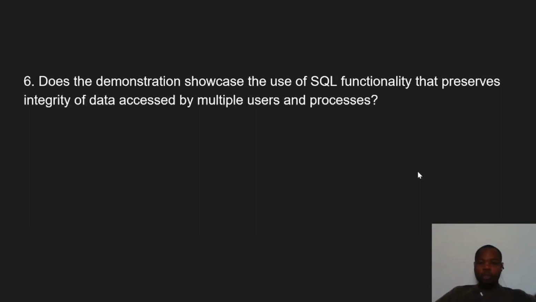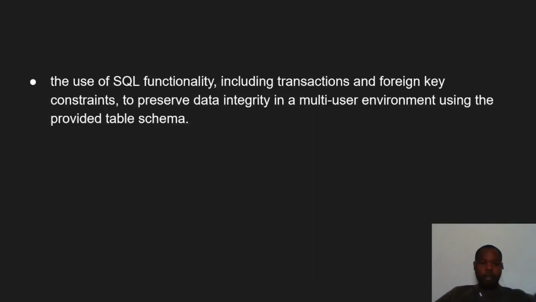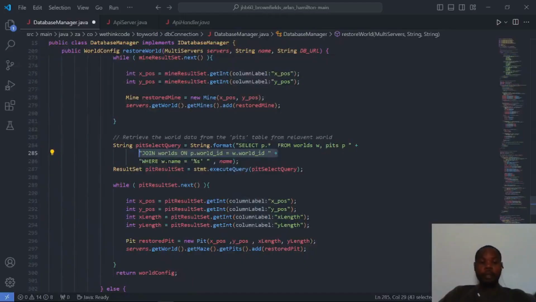Does the demonstration showcase the use of SQL functionality that preserves the integrity of data access by multiple users and processes? So the use of SQL functionality, including transactions and foreign key constraints, helps preserve the data integrity of using a multi-user environment.